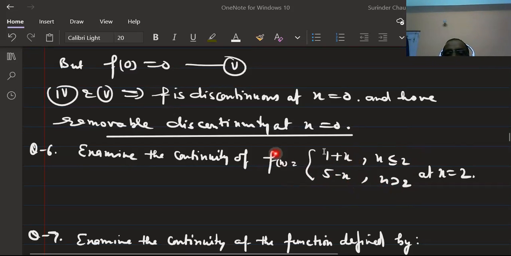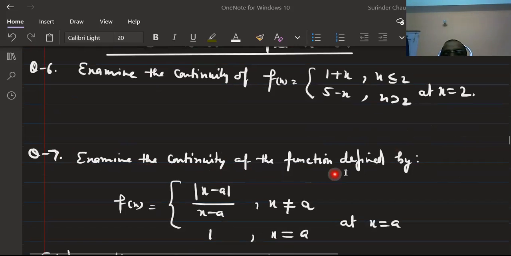The left limit is equal to 3, the right limit is equal to 3, and f at 2 is equal to 3. So the left limit is 3, the right limit is 3 at x equal to 2, and the value of the function is 3. So this function is continuous at x equal to 2.